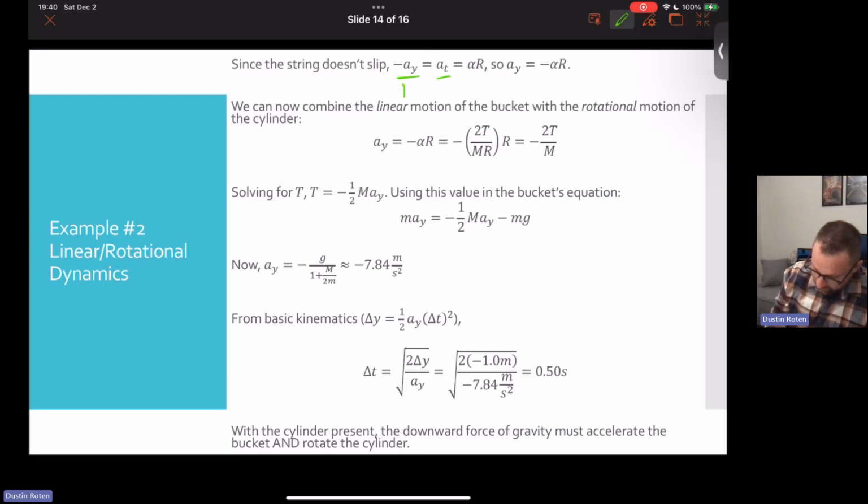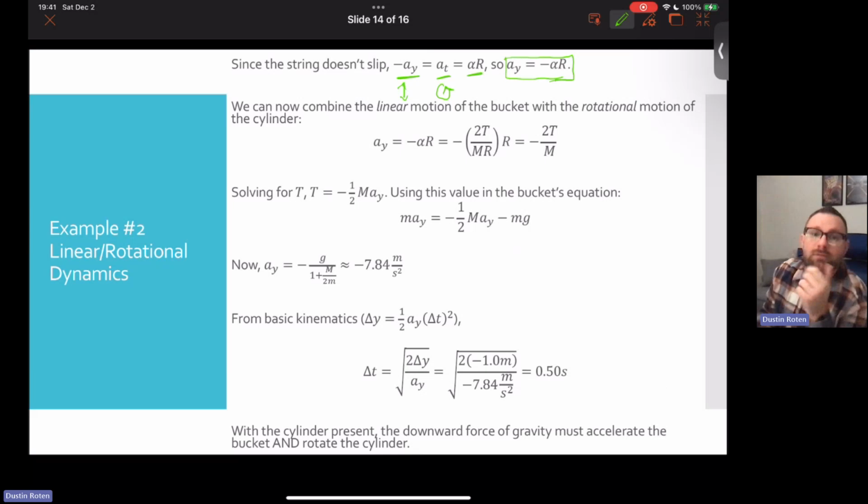So here's the linear part, and then here's the circular part. Now we know that this tangential acceleration and this linear acceleration are going to be equal. We can rewrite the tangential piece as just alpha times r, because r is the radius at which this force is acting. So it turns out we can solve for a_y, the linear acceleration, and that's just going to be negative alpha times r.